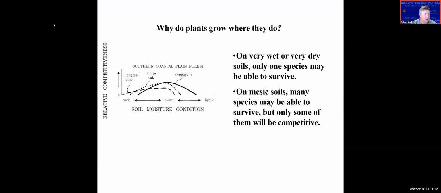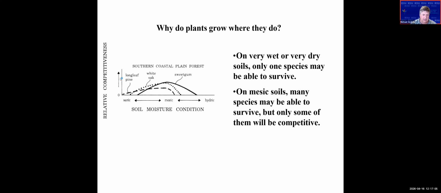So where do plants grow? A lot of times people say plants grow in places that they like, and really that's not always the case. In this graphic, the x-axis along the bottom goes from dry to wet: xeric, mesic, hydric.